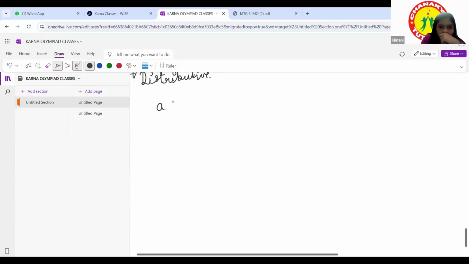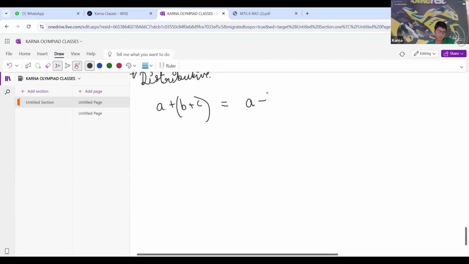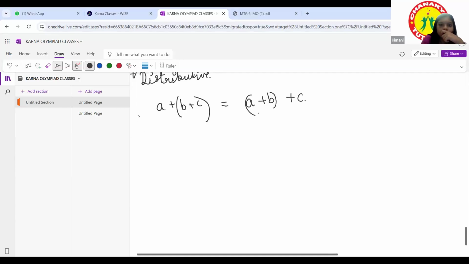Like if this is (A plus B) plus C, then A plus (B plus C). Okay, this is going to work. So for addition, it is working. Okay, for multiplication, tell me.